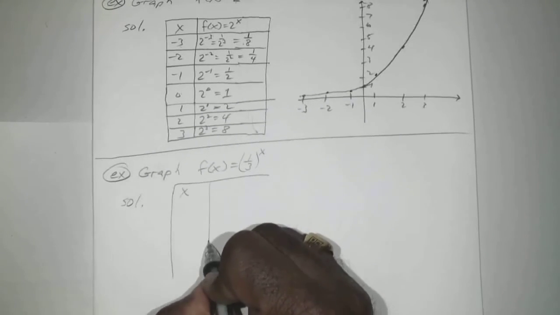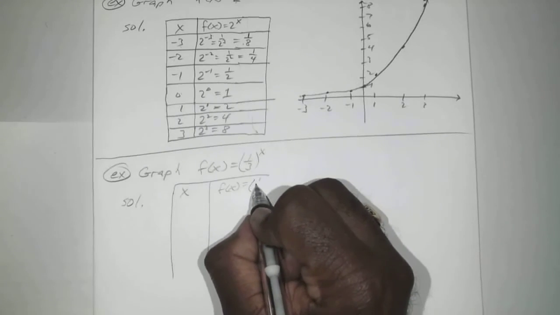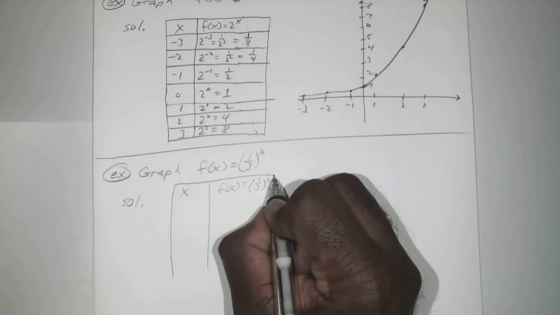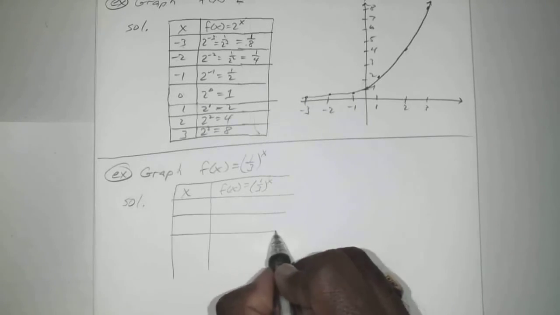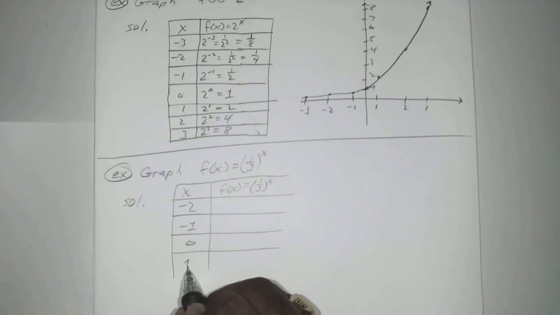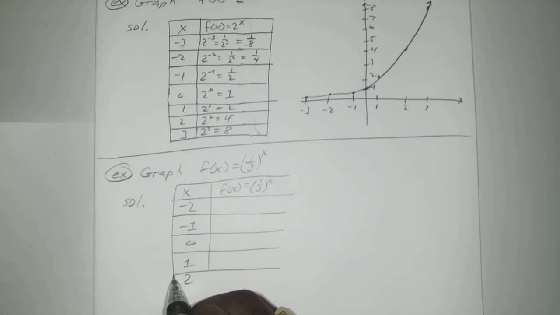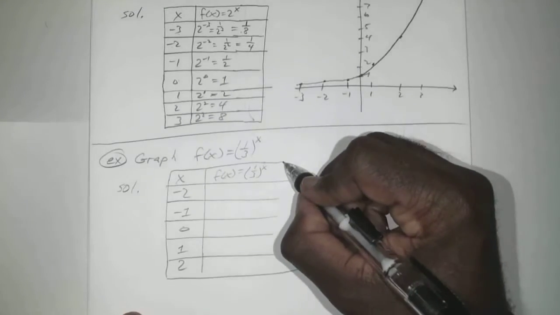So our x and our f of x equals 1/3 to the x. So -2, -1, 0, 1, and 2. And that ought to be enough room.